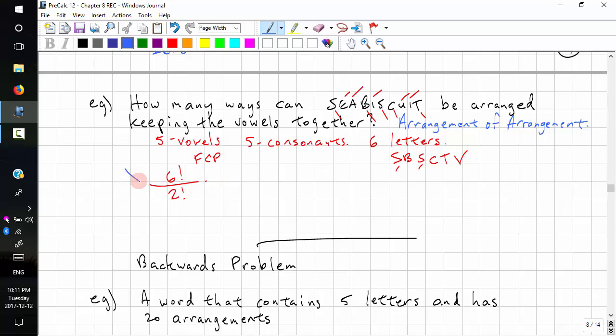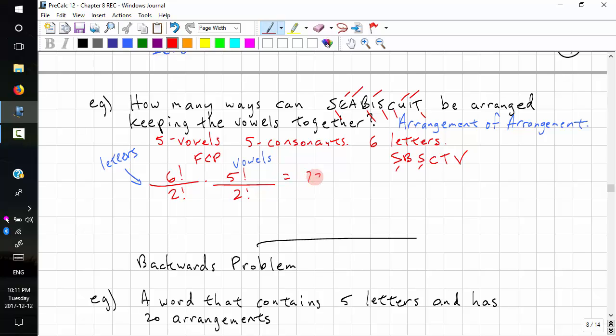So these are our letters. And now we're going to do vowels. So we have 5 vowels. That's 5 factorial. And we are repeating just I. A, E, and U are singletons. So that's 2 factorial. And we do this on our calculator.